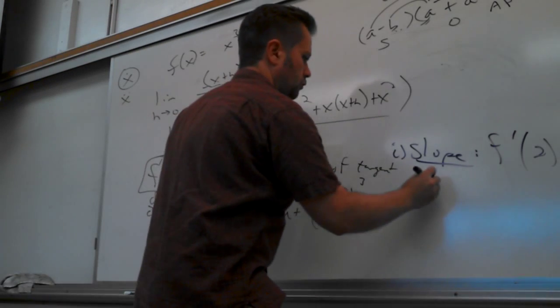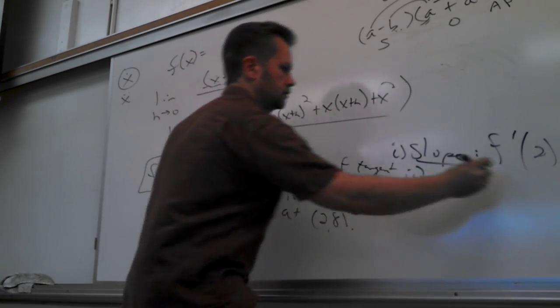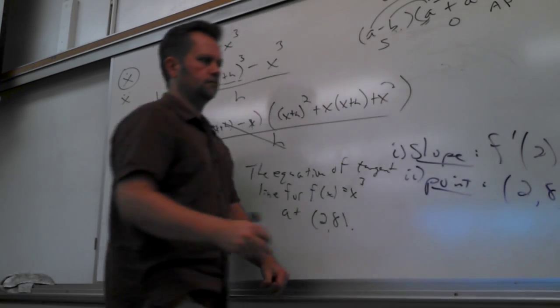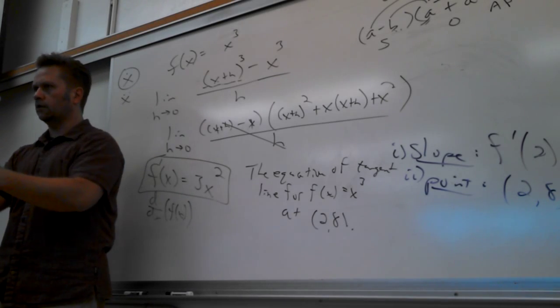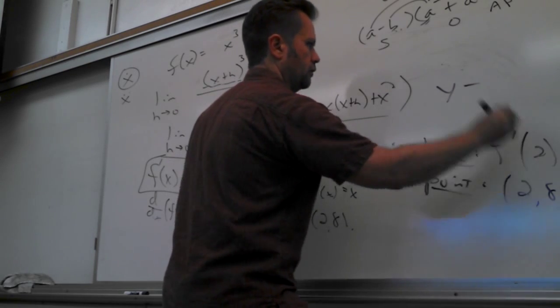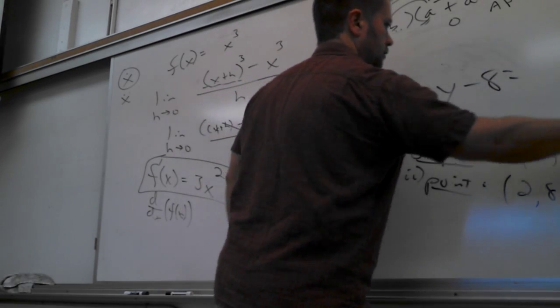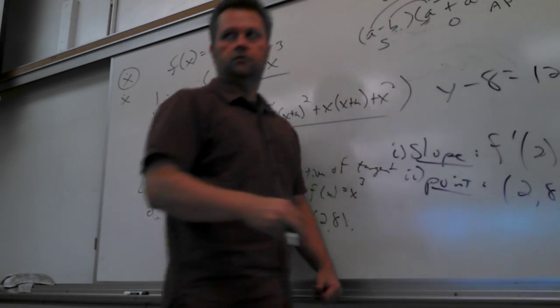And then the point, of course, is very nicely given to me, (2, 8). And then you just have to plug and chug into either equation of a line. So just to be a little different, we can use y minus y1 equals m times x minus x1.